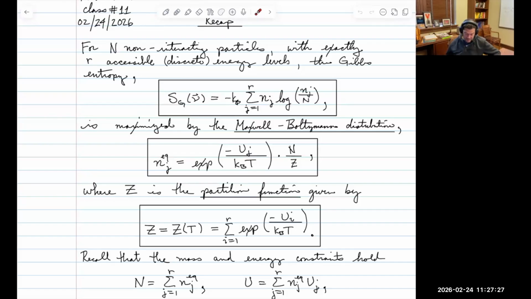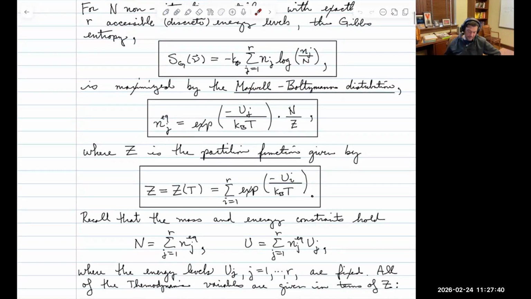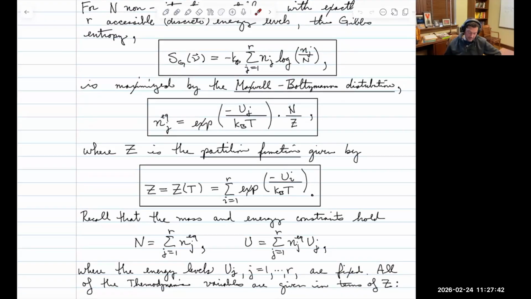In fact, it is 1 over the temperature. Now, the temperature function itself becomes a function of U and N, as I'll remind you repeatedly during these calculations that we do in statistical mechanics.